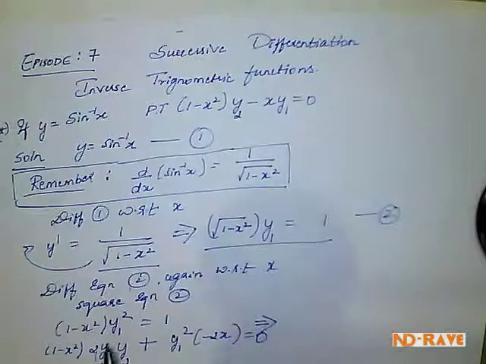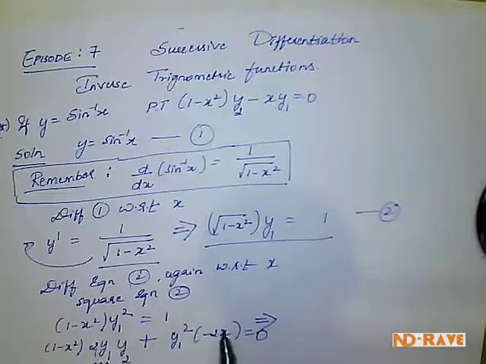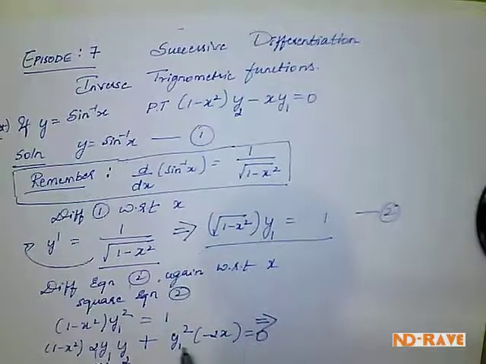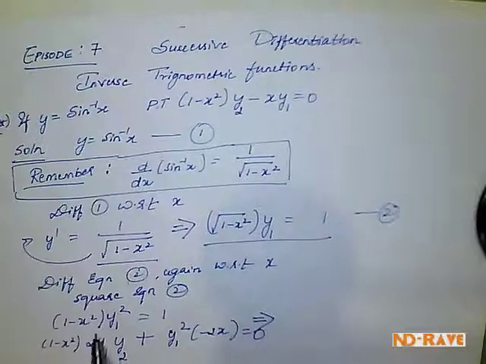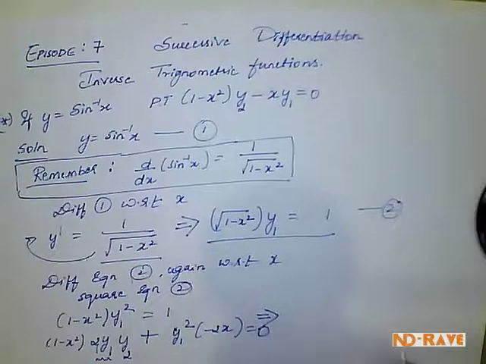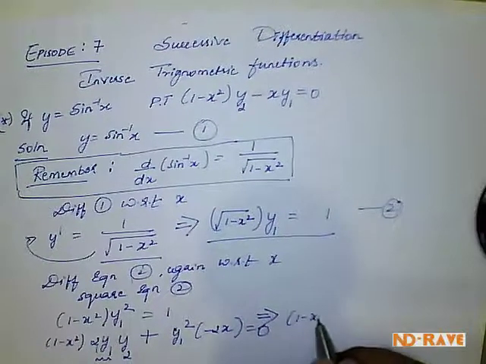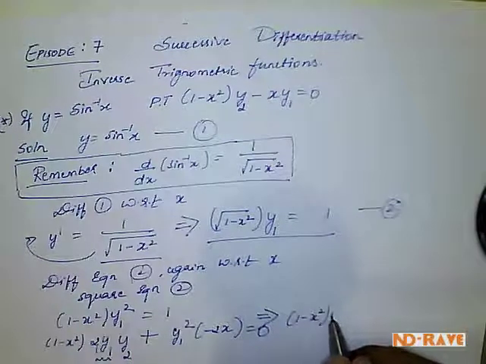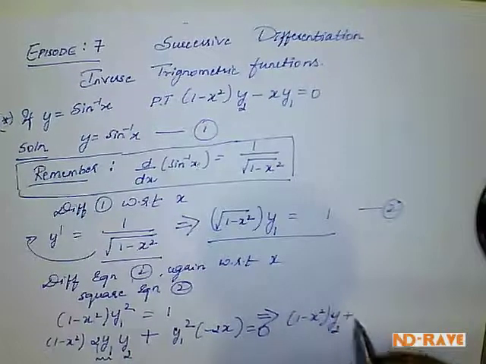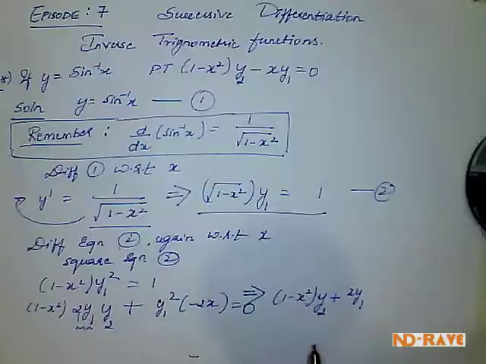So if I divide by y1, this particular equation will remain only x y1, and here 2y1 will be lost. So you get (1 minus x squared) y2 plus x y1. Hence you got the final result over here, that is nothing but (1 minus x squared) y2 plus x y1.